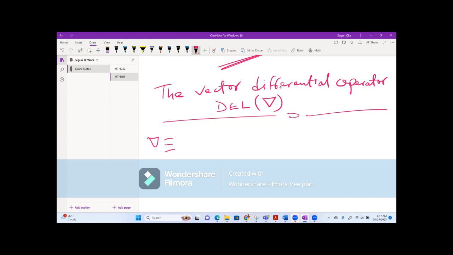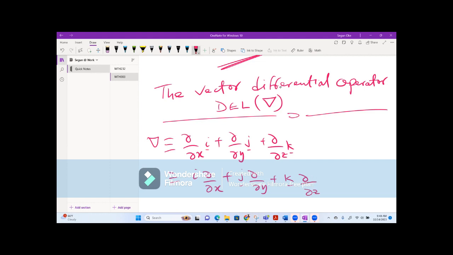Del is equivalent to d/dx i plus d/dy j plus d/dz k, which we can also write as i d/dx plus j d/dy plus k d/dz.